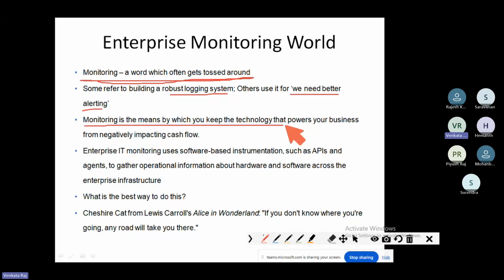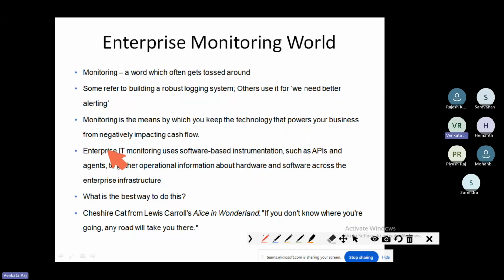As a result, the cash flow will become negative. But with the help of monitoring, we can keep that technology up and running. As a result, we can avoid that negative cash flow.